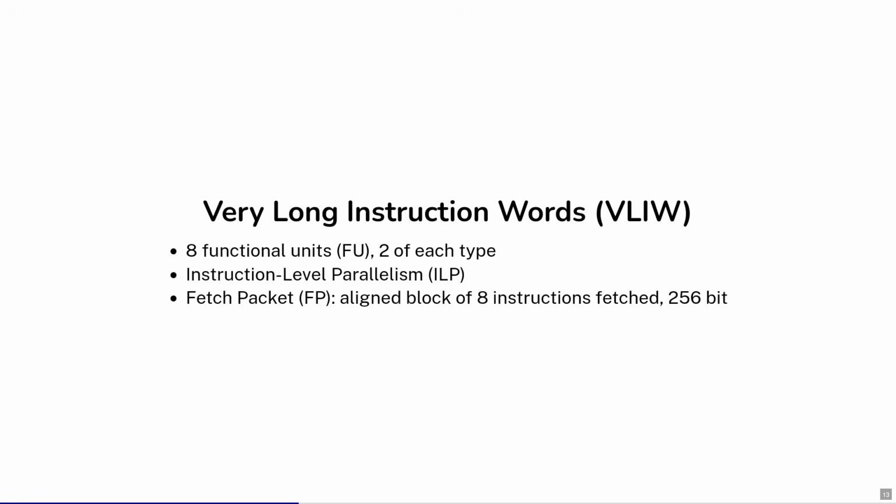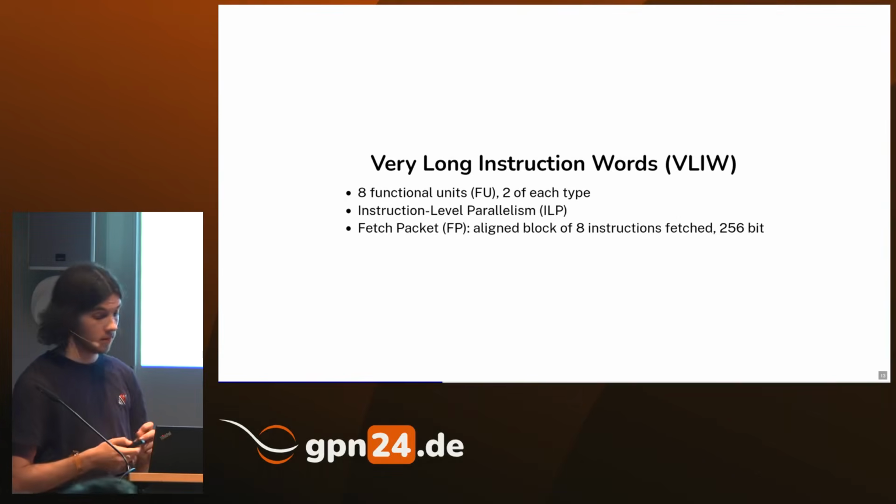All of these functional units could execute in parallel. There are 2 of them for each type. And I've already said it's instruction level parallelism, meaning each cycle they could execute in parallel. And the 8 instructions that we load, I will call a fetch packet.